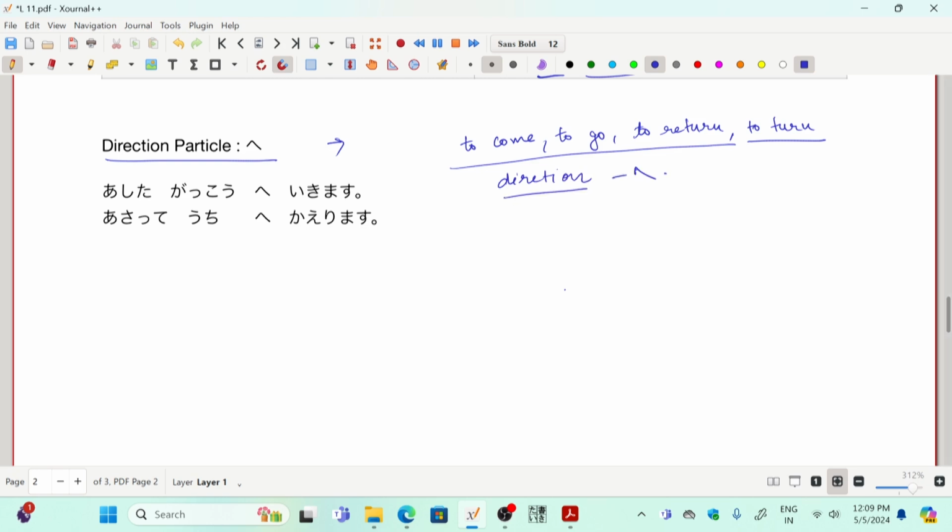So if I say ashita gakko e ikimasu. Ashita is tomorrow, gakko school, e to, ikimasu to go.